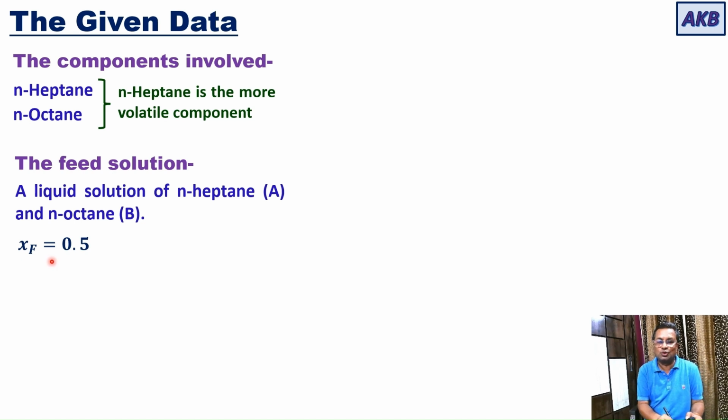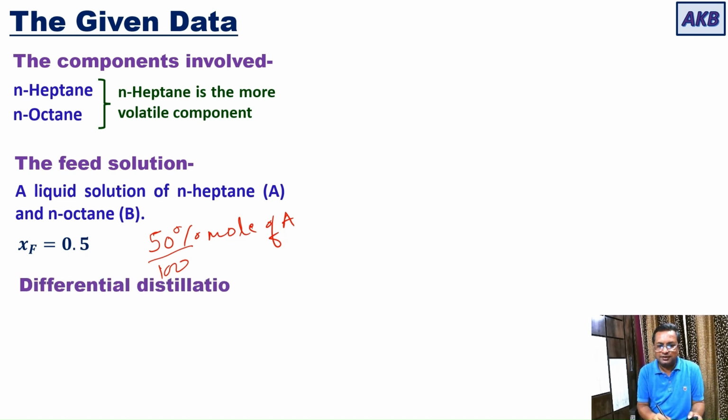The mole fraction of the more volatile component in the feed is given to us. It is 50 mole percent. What is given to us is the percentage composition, so 50% mole of A. We know how to convert percentage mole into mole fraction. You just have to divide this by 100, and that gives us XF as 0.5.